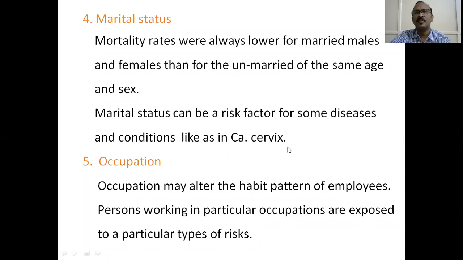This has been seen in nuns, where carcinoma cervix is not there compared to married people, and also in cases where there is promiscuity or multiple sexual contact. So multiple sexual contact helps in understanding the viral etiology responsible for CA cervix.